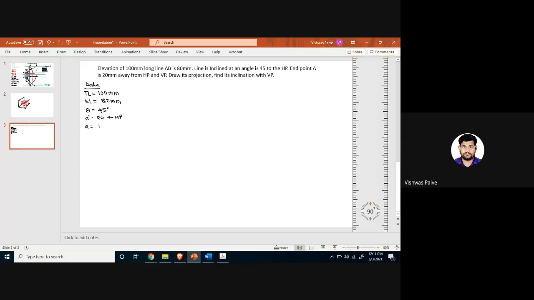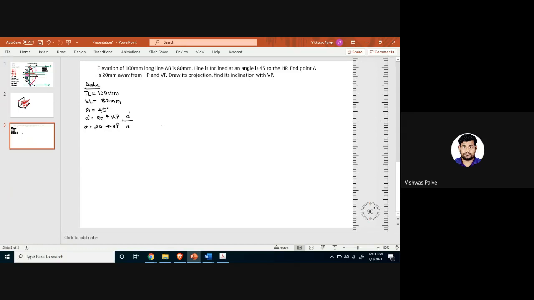A dash is 20 mm above HP and A is 20 mm in front of VP. Directly we can consider the first quadrant condition because it is mentioned away from HP and VP. So A dash will be above XY line, A will be below XY line.